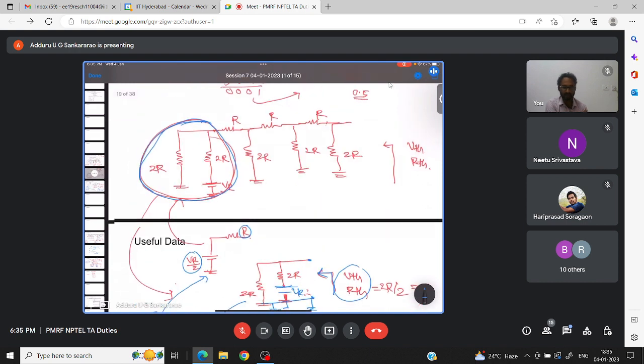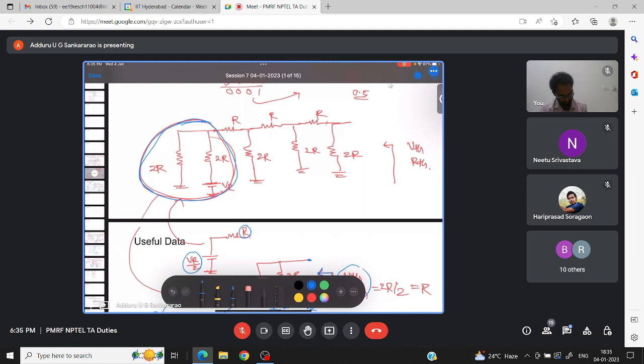Now what I am doing is I am replacing this one with that one. So this part I am replacing with that.